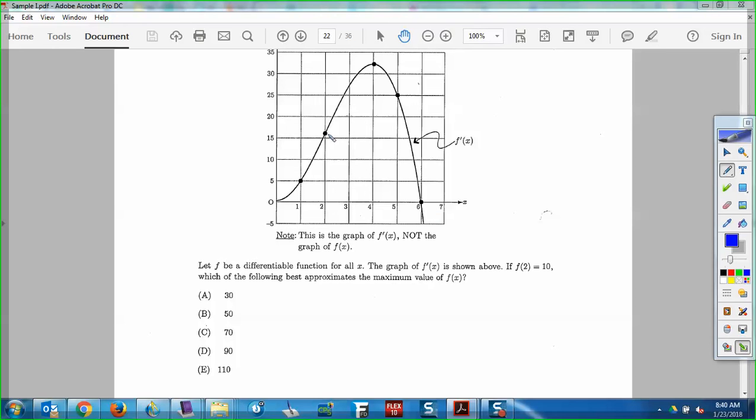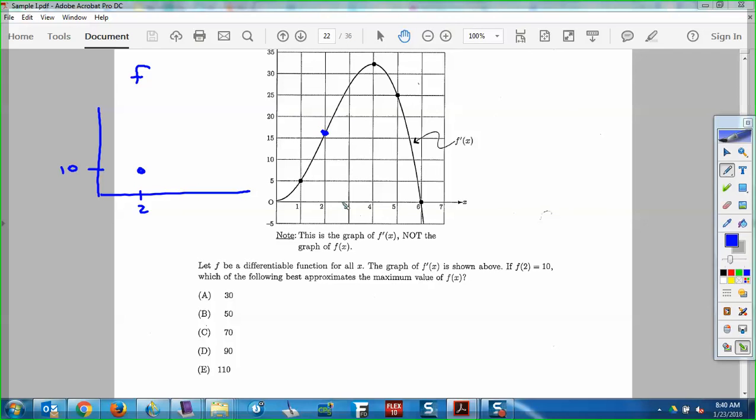So if I was going to draw an f graph, this would be like trying to do a little better version of what we used to do when we would draw an f graph from an f prime graph. f of 2 starts at 10, and right here the slope's about 16.